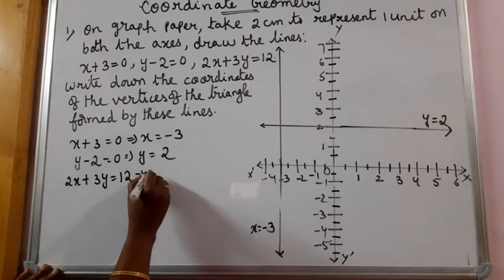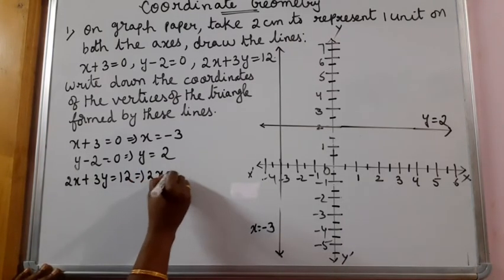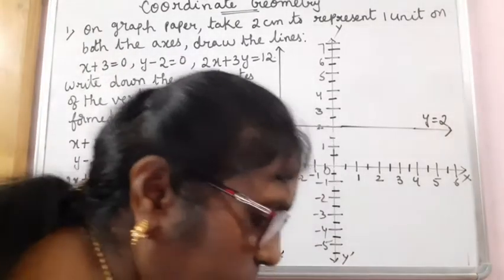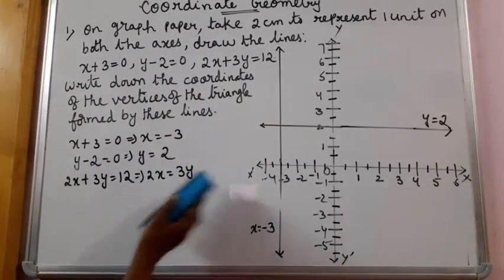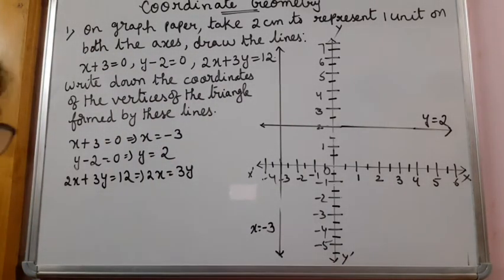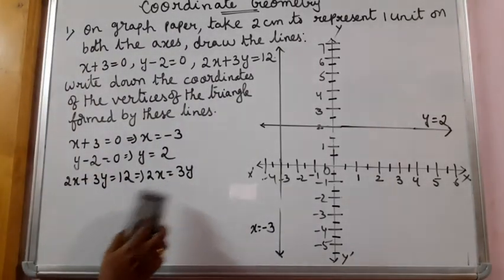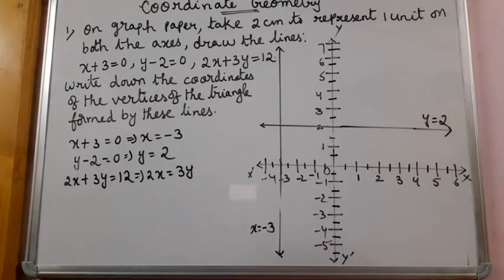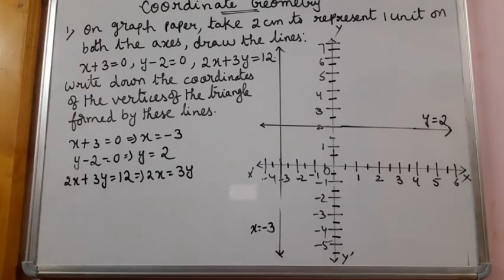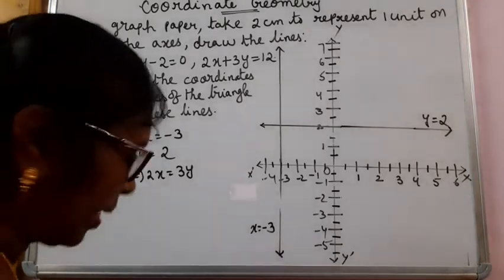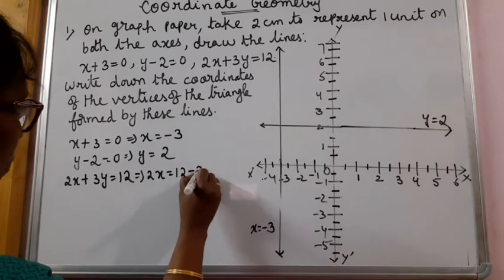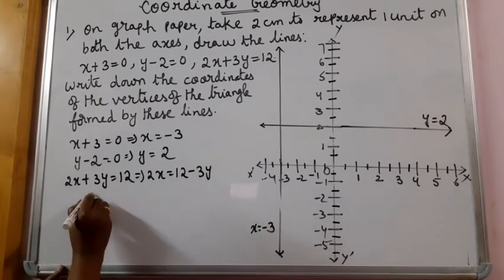So that implies, let me do 2x is equal to 12 minus 3y. Let me take y in terms of x. Okay then, we can take 2x is equal to 12 minus 3y. Now, let me make a table.